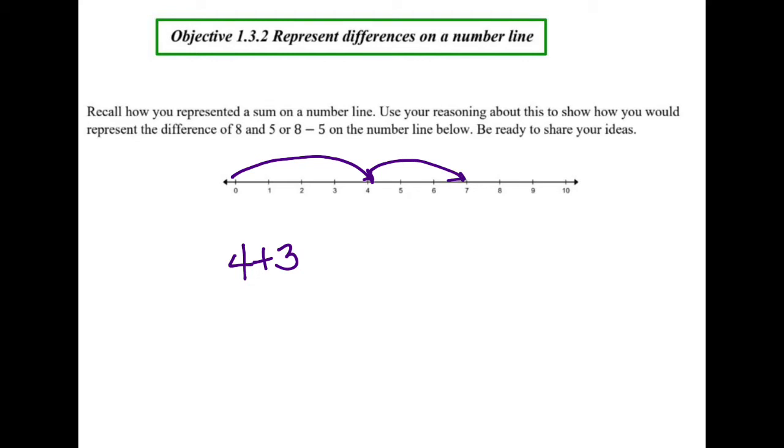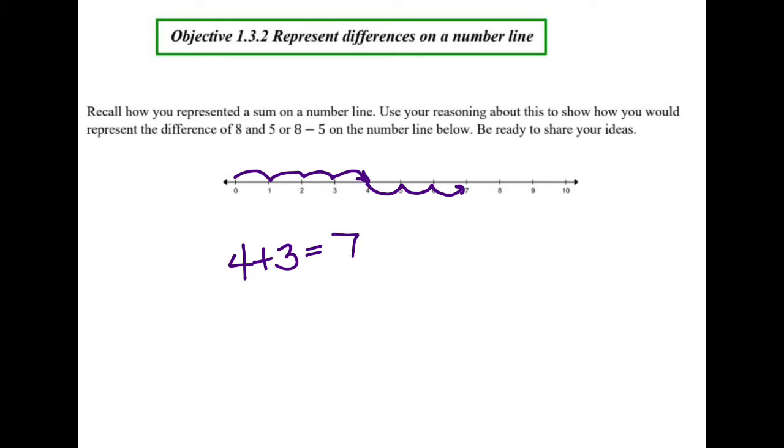That works. 1, 2, 3, 4 is your first number, and 1, 2, 3 is your second number. What I like to do is put the second number underneath too, so you can see exactly where the first one ended and the second one ended, instead of thinking it's just one big number. Either way, you end at 7.